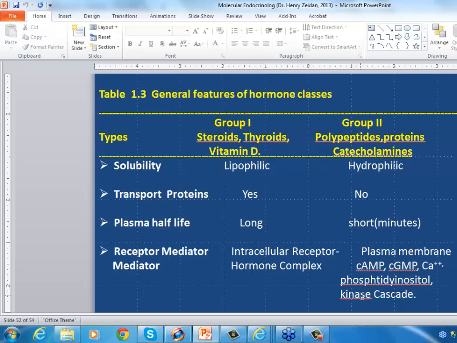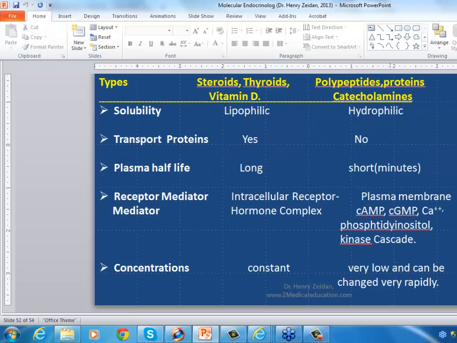For water-soluble hormones, short half-life. For lipid-soluble hormones, you form a complex with those intracellular receptors. Modulation was with water-soluble hormones. So you tend to produce cyclic AMP, cyclic GMP, calcium, phosphatidylinositol, kinase cascade, tyrosine kinase, that tends to modulate those.